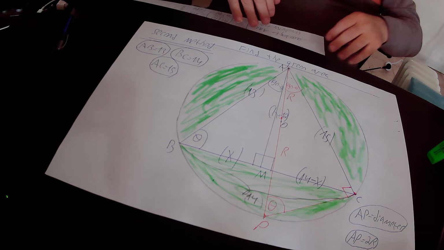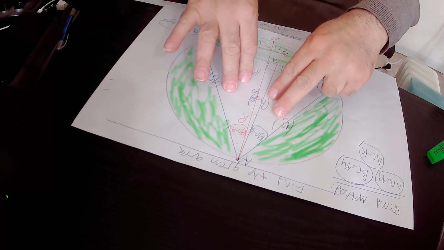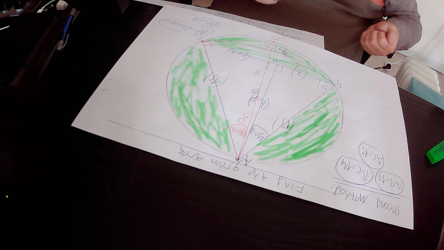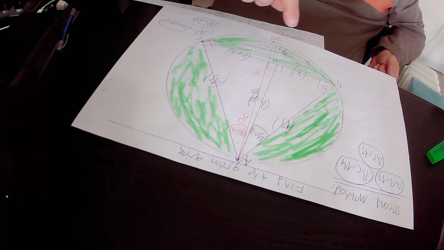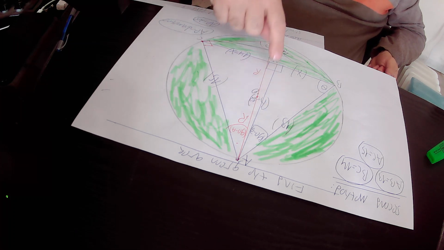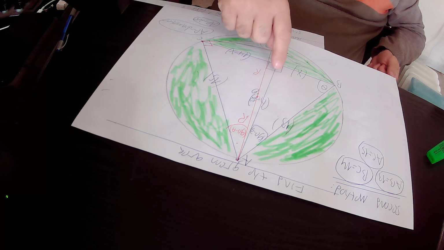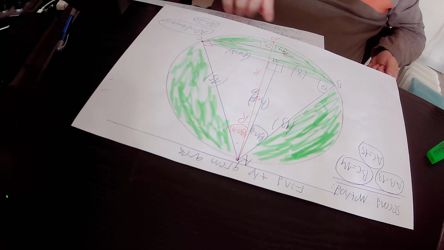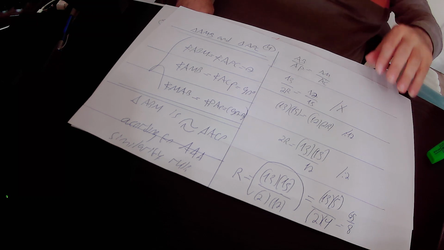And from the fact that those two right triangles are similar to each other, we derive that the following relationship exists between their sides: AB over AP equals AM over AC.